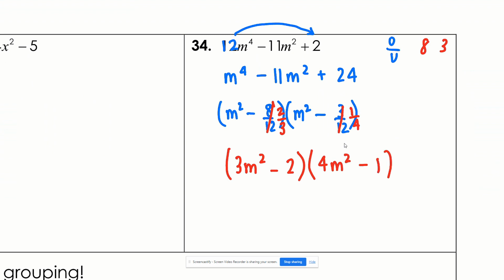Now, again, the reason I wanted to do this problem in particular is I'm positive that number 20 or 33 did not do this, but this one did. Look, 3m squared minus 2, that's done. Because neither 3m squared nor 2 are perfect squares. But look at the next one, y'all. 4m squared is definitely a perfect square, 2m. 1 is definitely a perfect square, and that sign is definitely a minus sign.